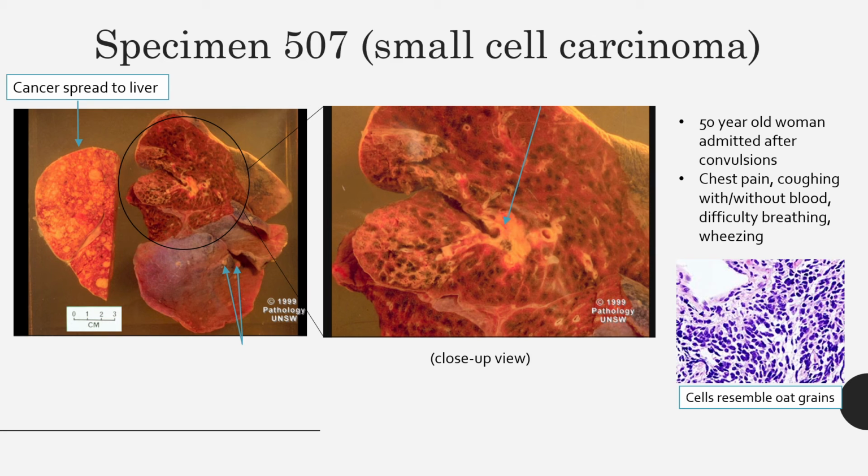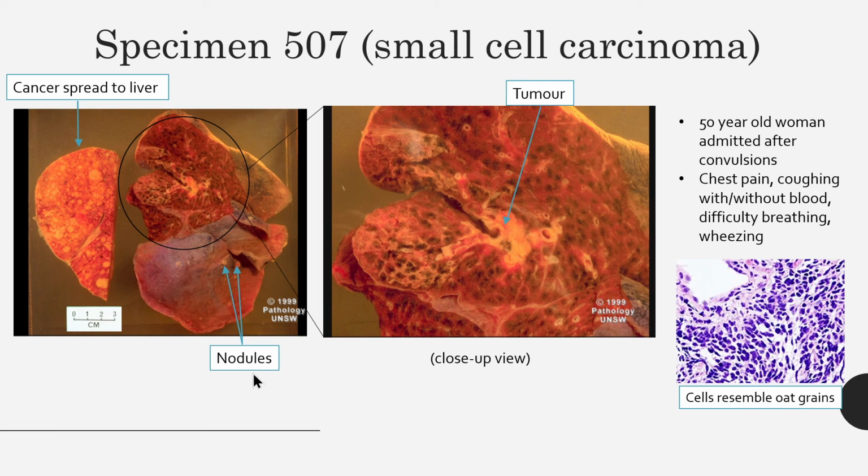Let me now draw your attention to specimen 507. On the center of your screen, you can see the lung with a small grayish tumor arising from a large bronchus in the upper lobe of the lung. Furthermore, there are multiple scattered small circular nodules present on the lung surface, as shown on the left image.